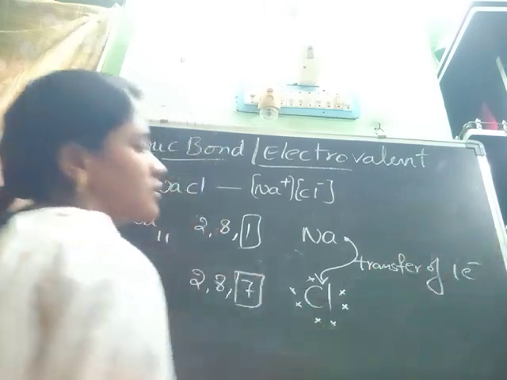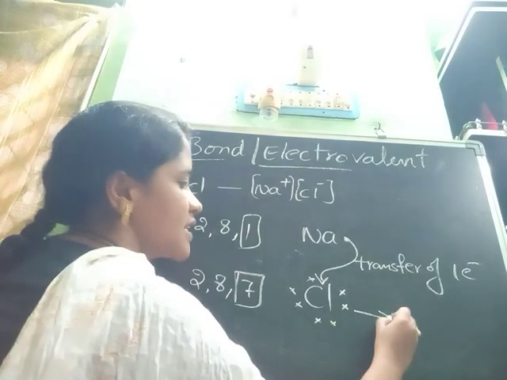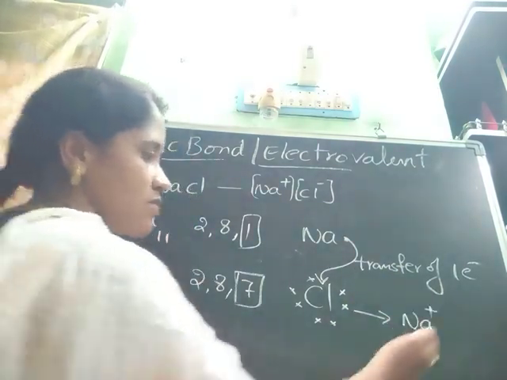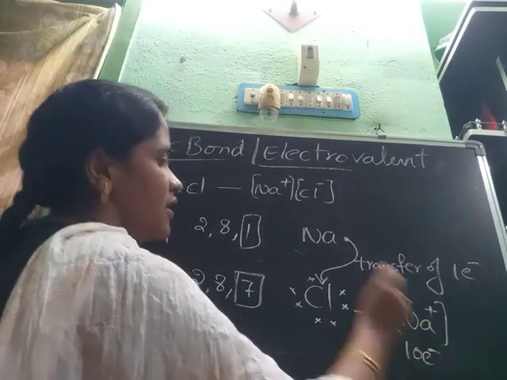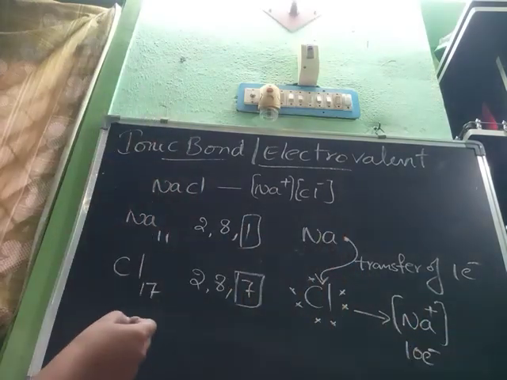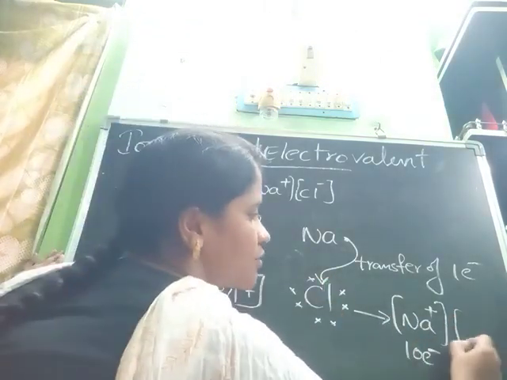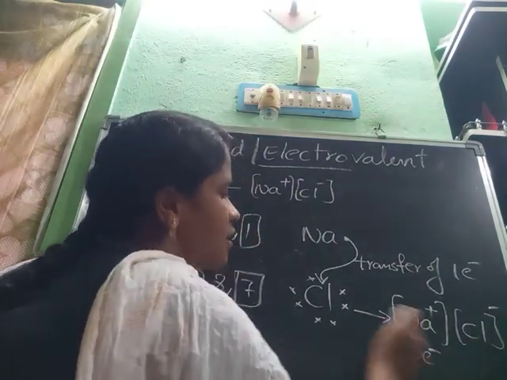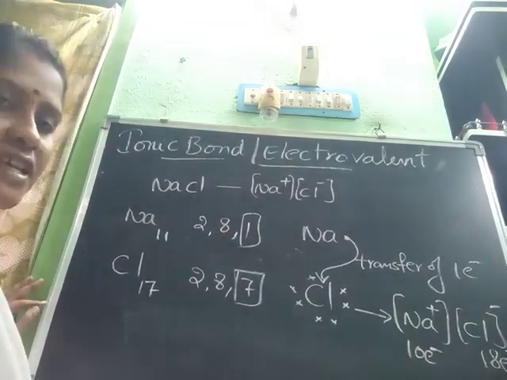Na is giving, and giving means it gets a positive charge. Now it contains only 10 electrons: sodium contains 11 electrons, but Na+ contains 10. Cl takes 1 electron from sodium, so Cl becomes negative and now contains 18 electrons. Now we have Na+ and Cl-.